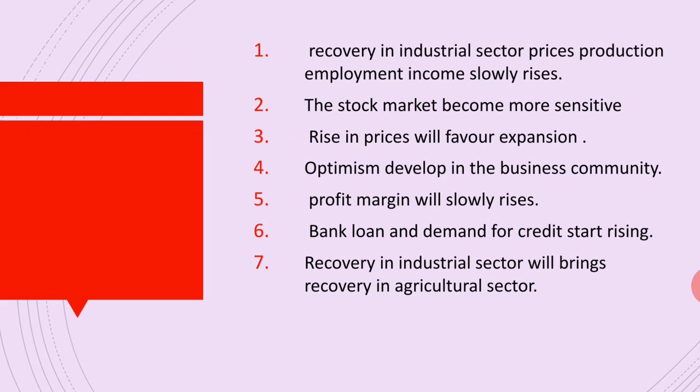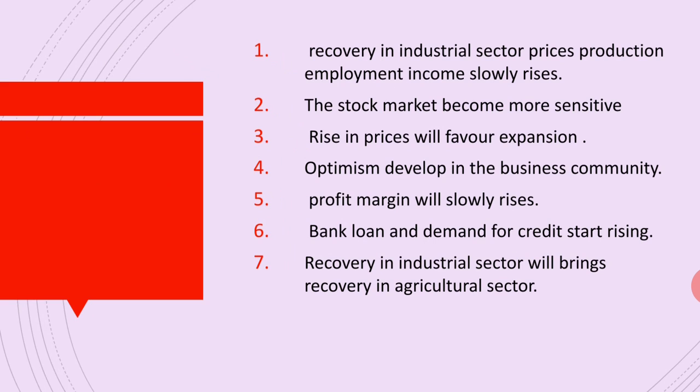So sensitiveness increases in the stock market, and when production increases, employment increases, automatically income increases, demand increases. When demand increases, what happens? Prices will increase. When prices increase, economic activities are expanded. And what happens?